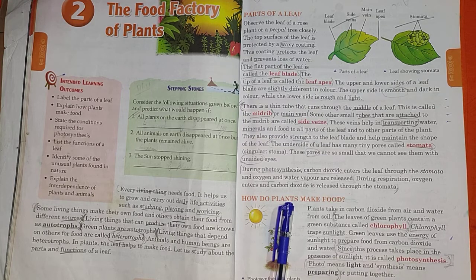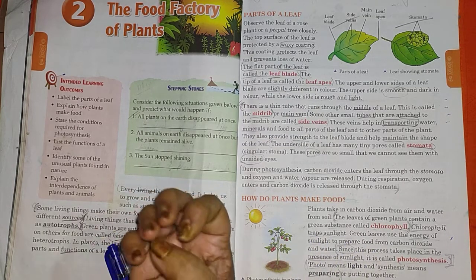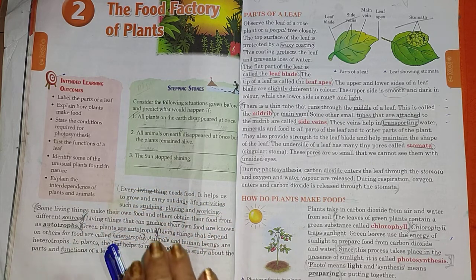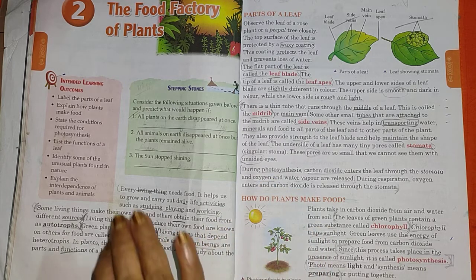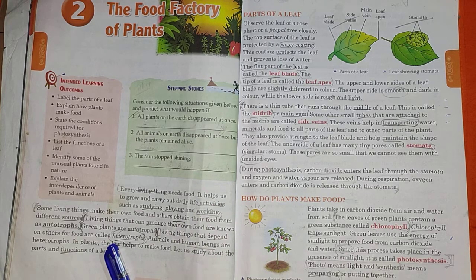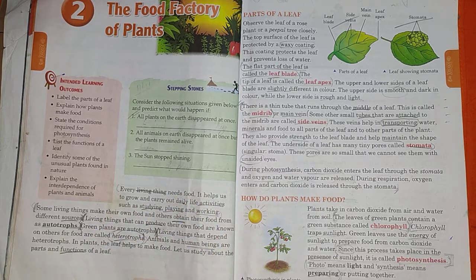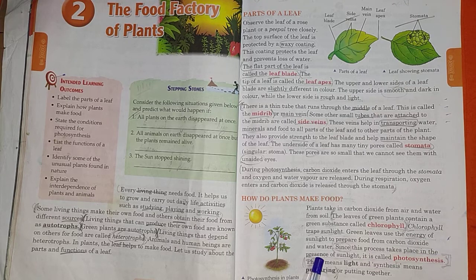What it does is, it traps the sunlight, and in the leaves there is carbon dioxide and water. So this trapped sunlight is the energy with which the leaf makes its food from carbon dioxide and water.